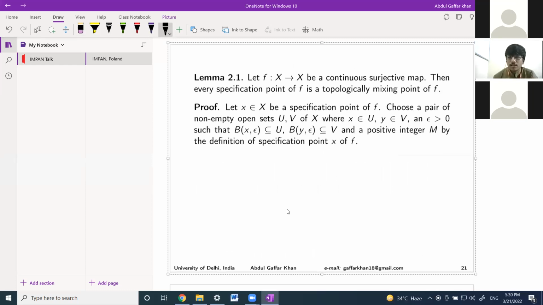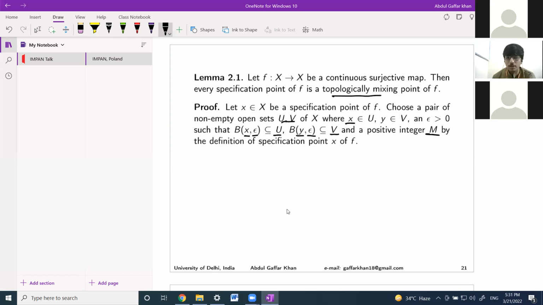So suppose that x is a specification point, and we need to establish that it is a topologically mixing point. So choose a pair of non-empty open sets U, V, where x is in U. We can choose a small enough epsilon so that the ball centered at x of radius epsilon is contained in U and the ball centered at y of radius epsilon is contained in V. And by the notion of specification point, we can find a time gap m by the specification property of x.